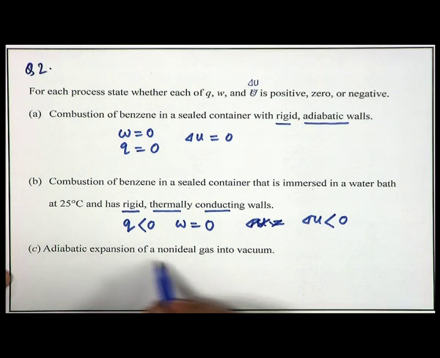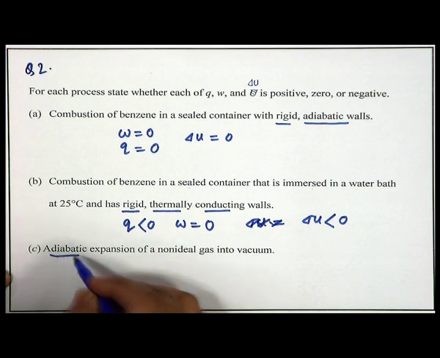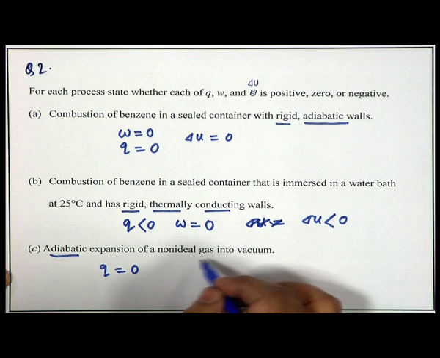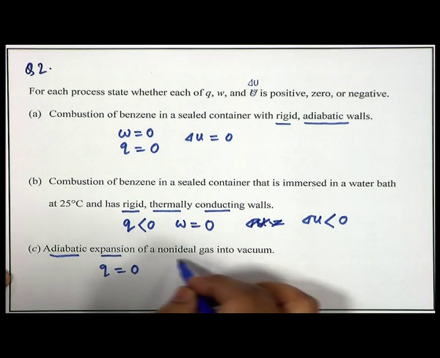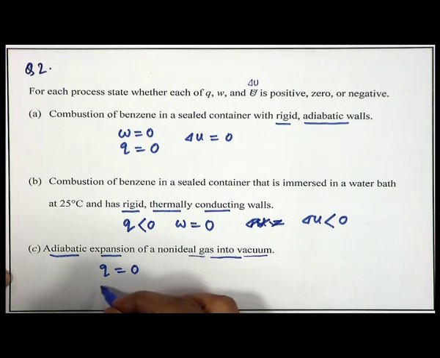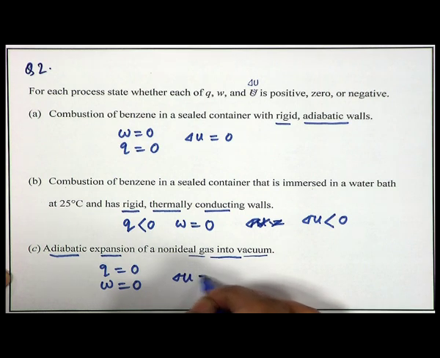C, adiabatic expansion of a non-ideal gas into vacuum. Adiabatic, Q is 0. It is expansion into vacuum. Expansion into vacuum, we know W is 0 and del U is 0.